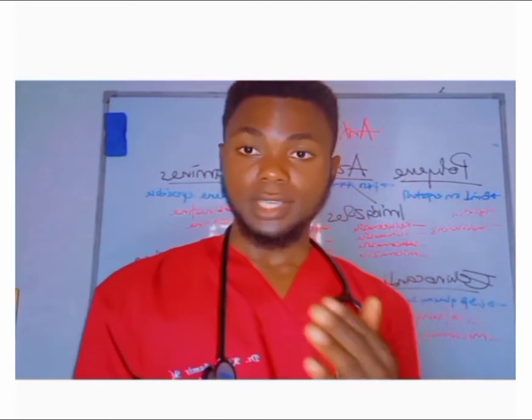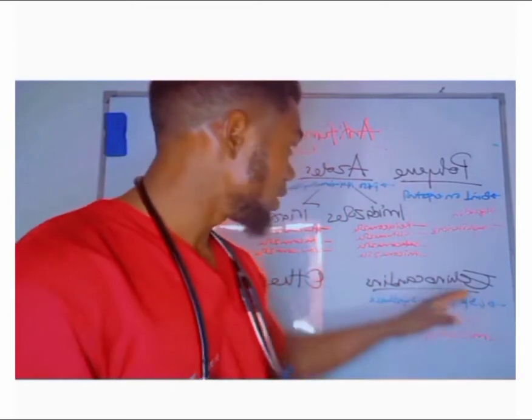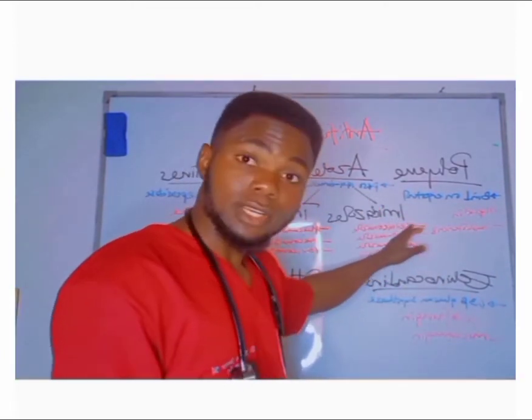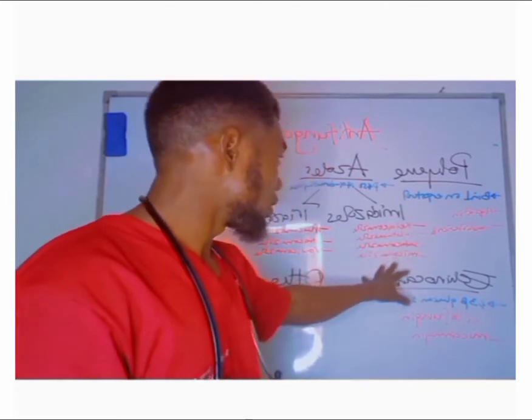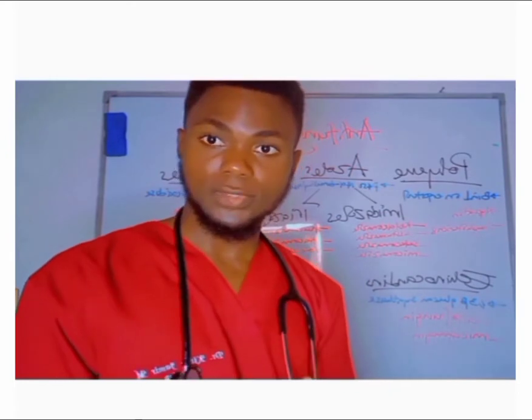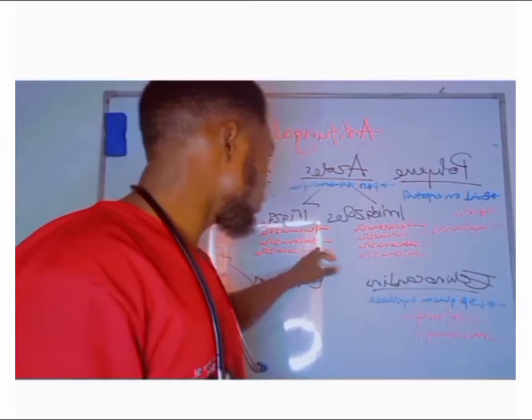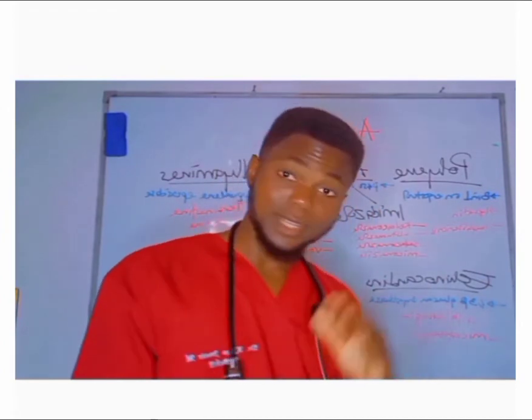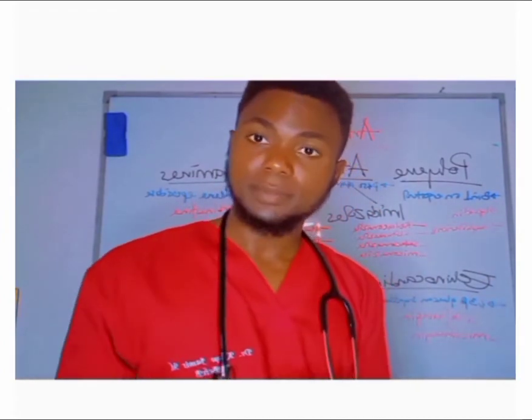The drugs here are divided into two: the imidazoles and the triazoles. Among the imidazoles, we have ketoconazole, clotrimazole, and miconazole as the commonest drugs in clinical use. Then we have fluconazole, itraconazole, and voriconazole, which are the triazoles. They work by blocking this enzyme, but we can use them in different fungal infections.